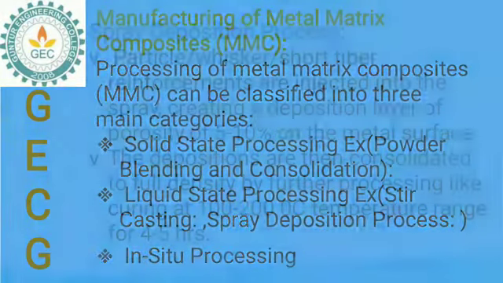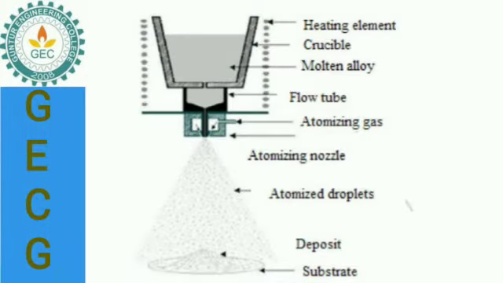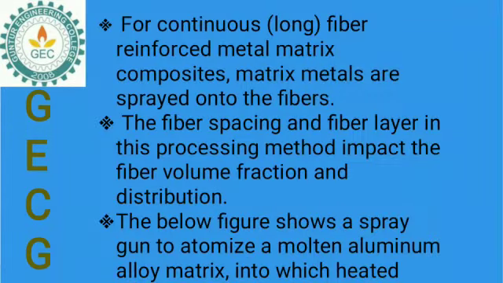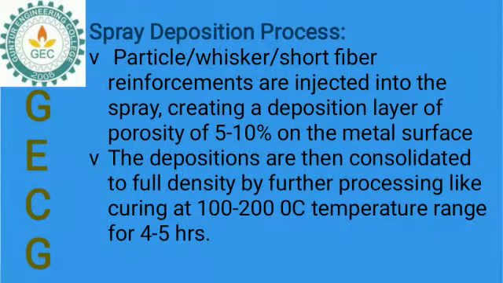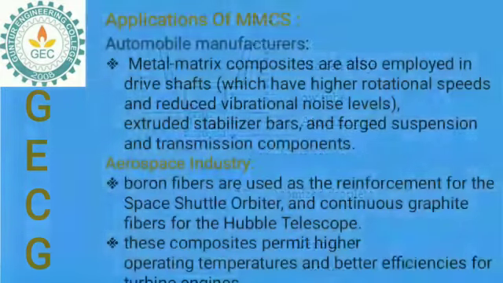In this process, only the heating of the crucible and molten alloy takes place. Next, for continuous fiber reinforced metal matrix composites, matrix metals are sprayed onto the fibers as shown in the figure.